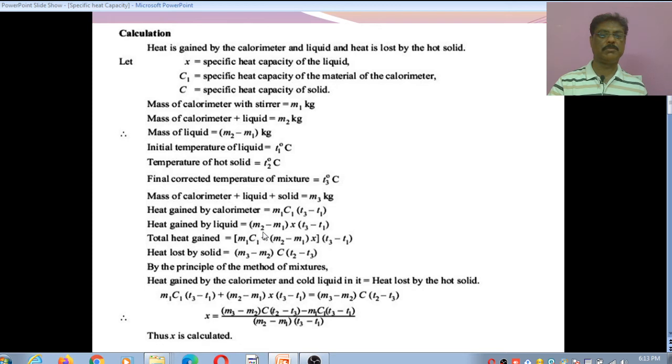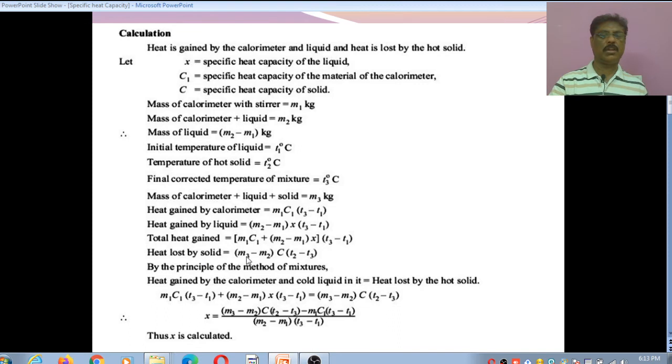The remaining terms are M1 C1 plus the second term, M2 minus M1 into X, in brackets, and then we write T3 minus T1. So this is the total heat gained.